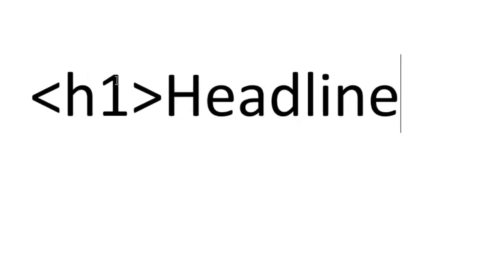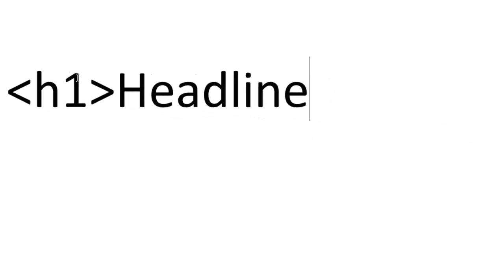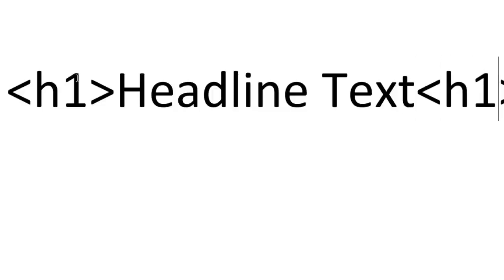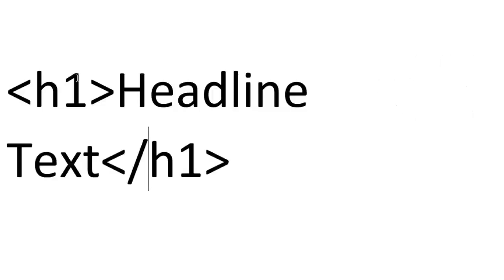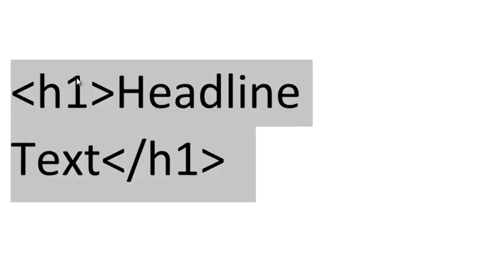So this is going to be your headline, your heading, the big word title, whatever you want it to be. So you will write out the headline text here. And when it's time to close that down, remember it's going to be H1, except the end tag is going to have a slash right before the word.